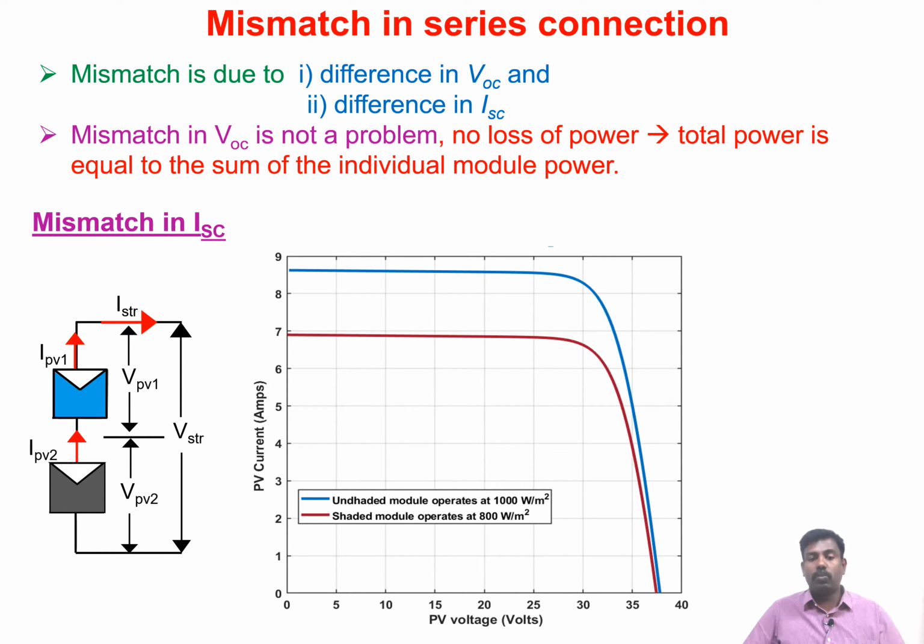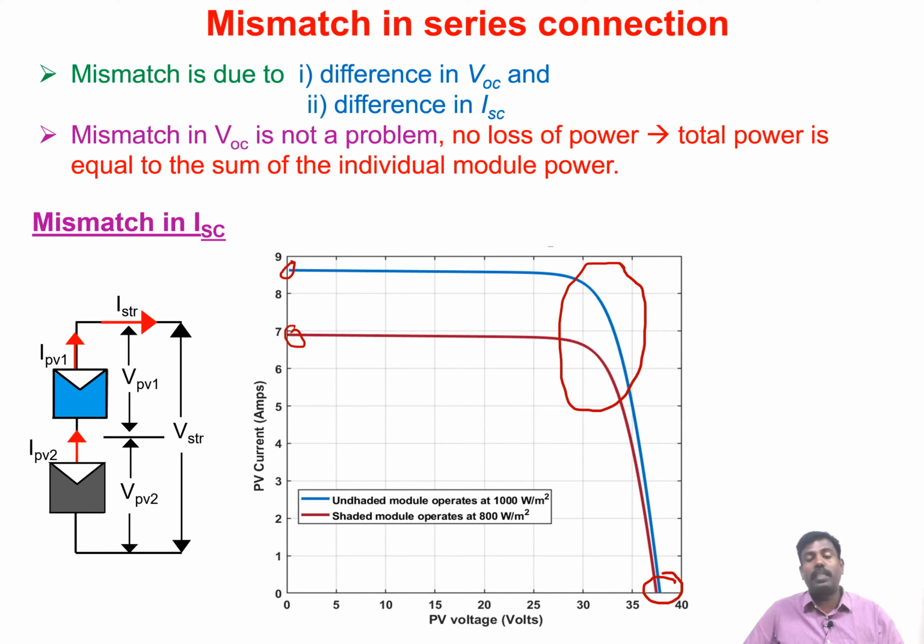You can see there is a large change in ISC; this ISC is different and that ISC is different. Normally, in a PV system, we like to operate in this particular region. The dissimilarity in the ISC will affect the PV system to a larger extent, whereas the dissimilarity in the VOC is very minor.